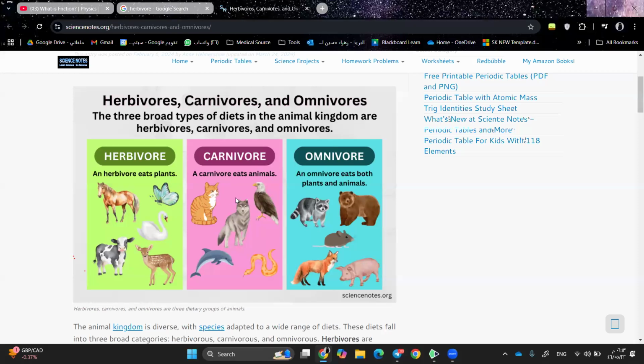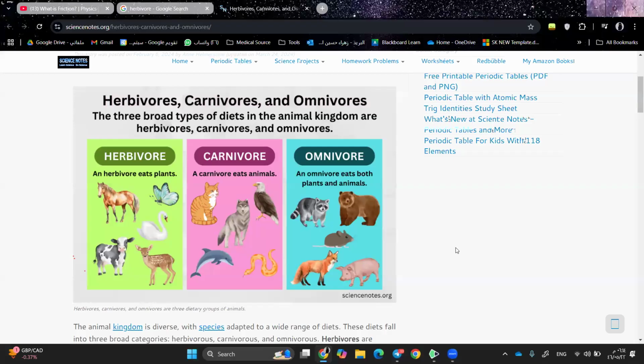It only eats animals. However, omnivores are the animals that eat plants and other animals, like a mouse here, and so on.